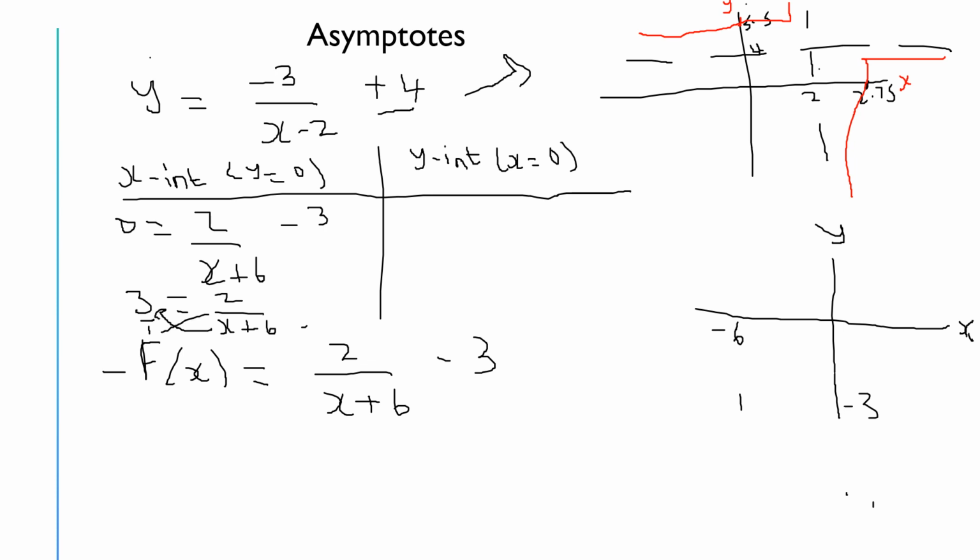So 3 will multiply x plus 6, and this whole thing will be equal to 1 times 2, which comes back as 2. Now we'll just simplify. 3 times x is 3x, and then 3 times 6 comes back as 18.